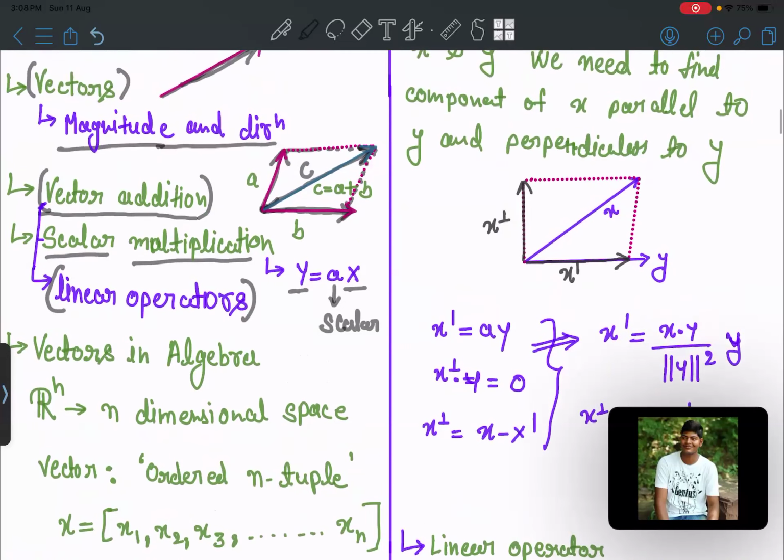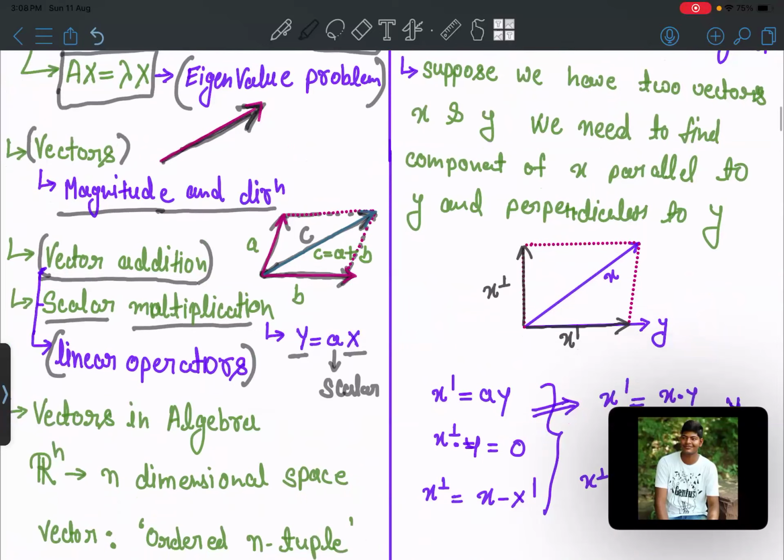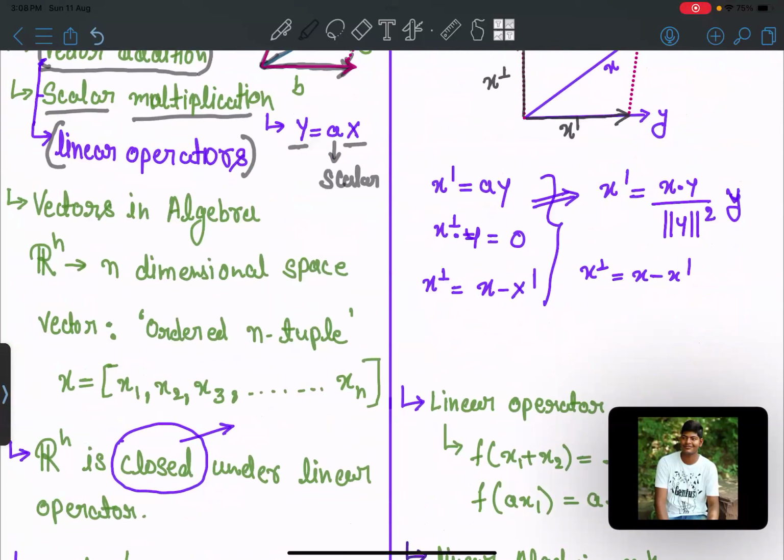So this representation of a vector with an arrow with some magnitude is known as the geometric representation of a vector. Similarly, in algebra, a vector can be represented as ordered tuples.